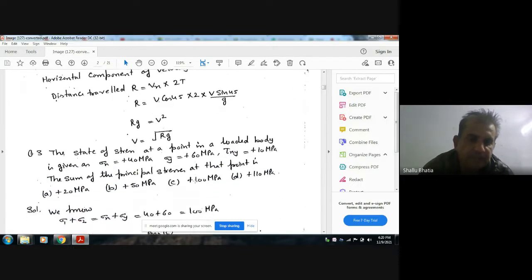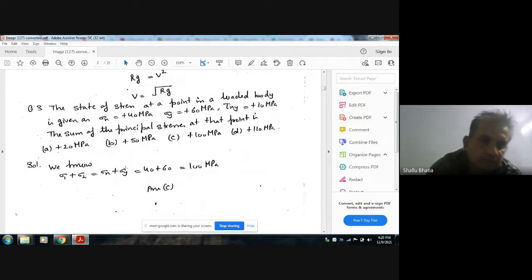Next, the state of stress at a point in a loaded body is given as sigma x plus 40 MPa, sigma y plus 60 MPa, tau xy plus 10 MPa. The sum of the principal stresses at that point is: sigma x plus sigma y in any system remains constant, in any plane.